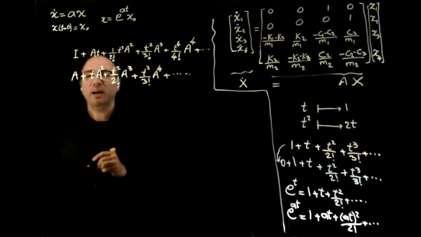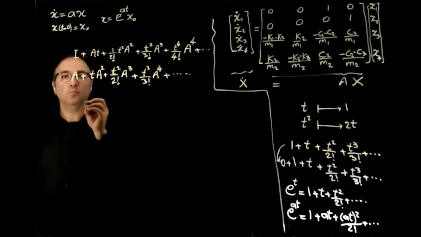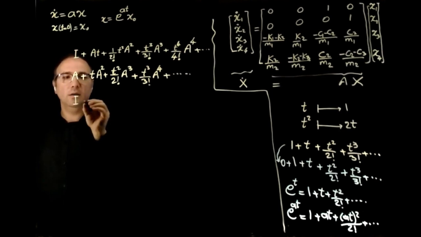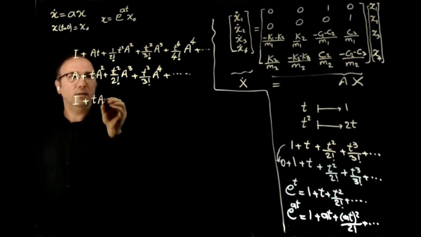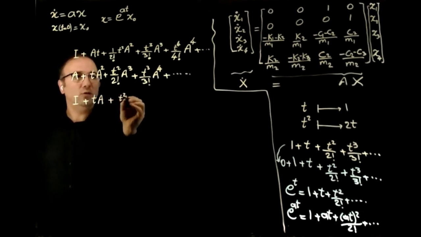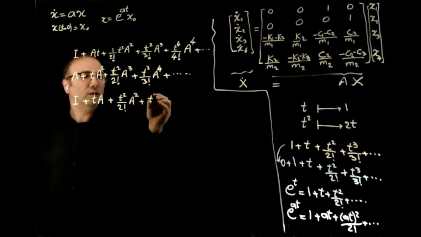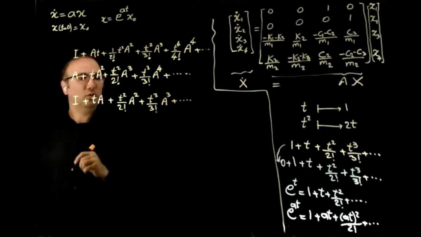We can factor out A, and then I would have I plus tA plus t to the power of 2 over 2 factorial A to the power of 2 plus t cubed over 3 factorial A to the power of 3 plus all the other terms, right?